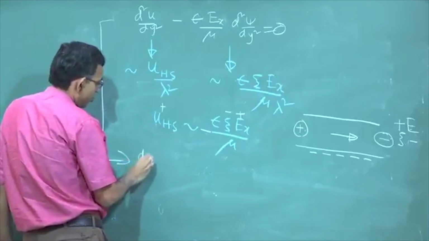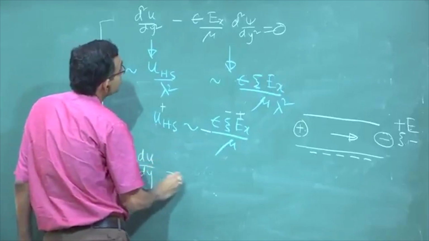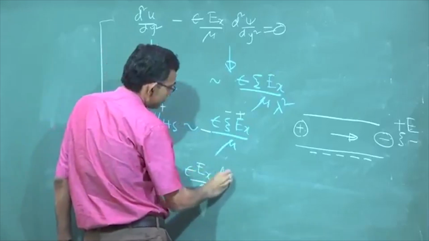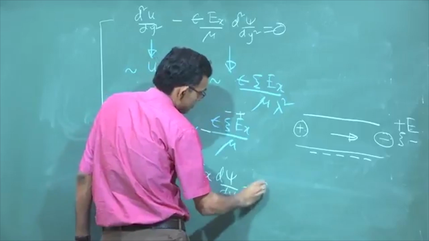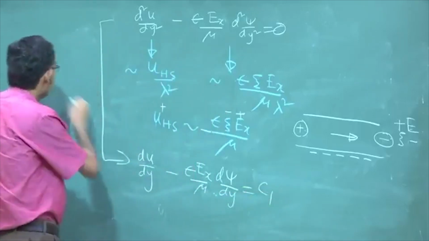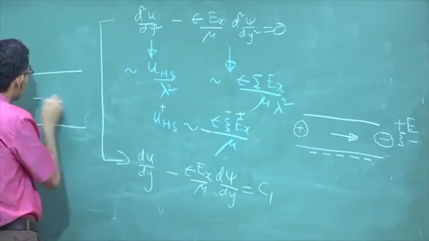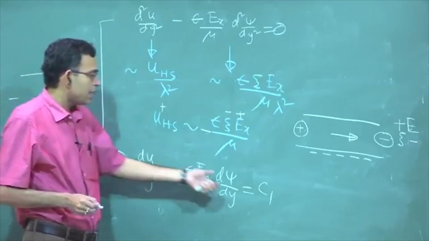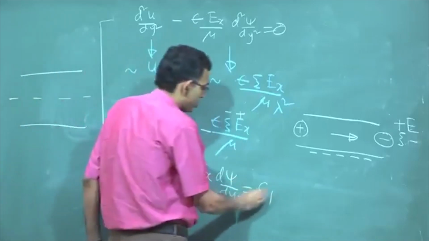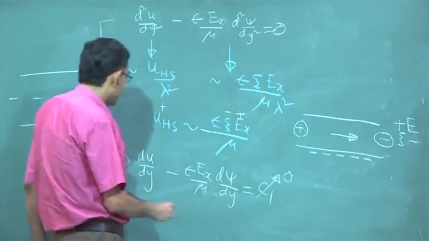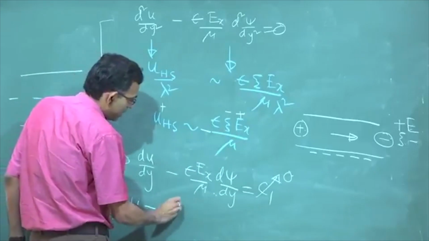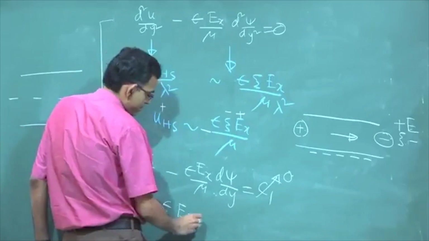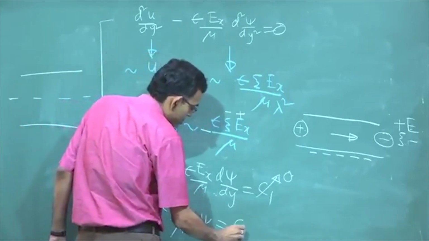So du dy. If you draw the channel like this, at the center line of the channel you have both du dy and d psi dy 0, that means C1 equal to 0, and then if you integrate it, u minus epsilon Ex by mu psi is equal to C2.